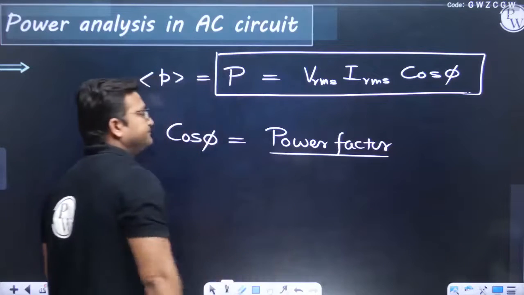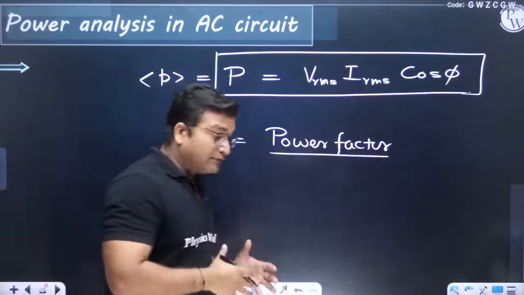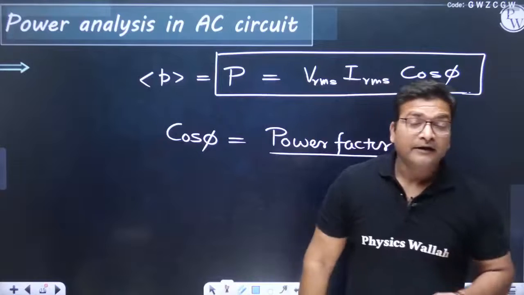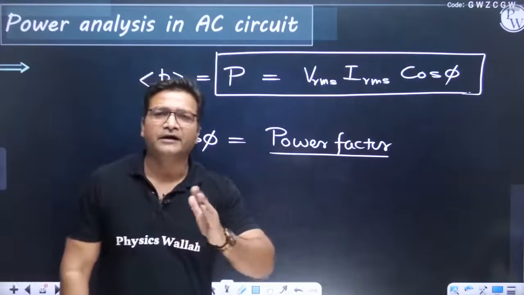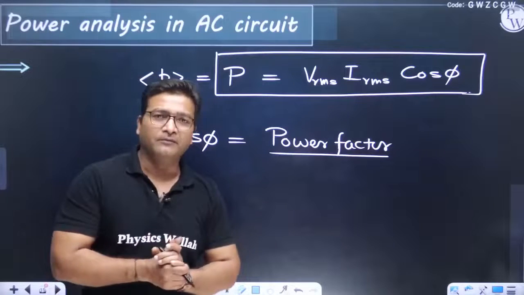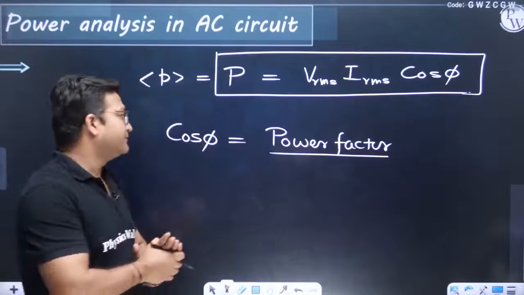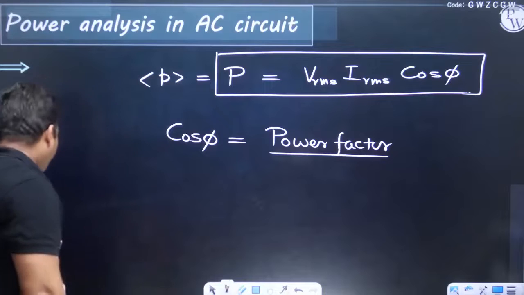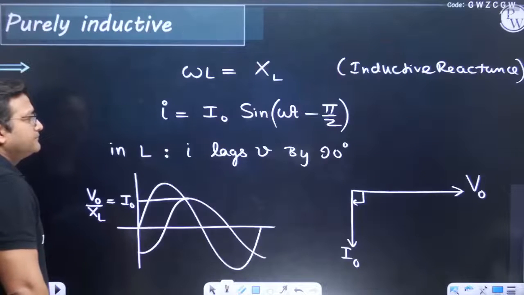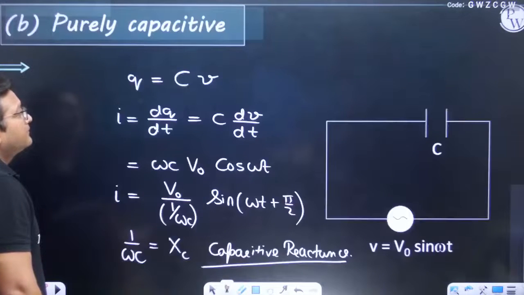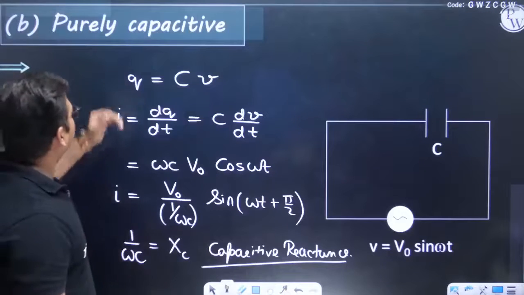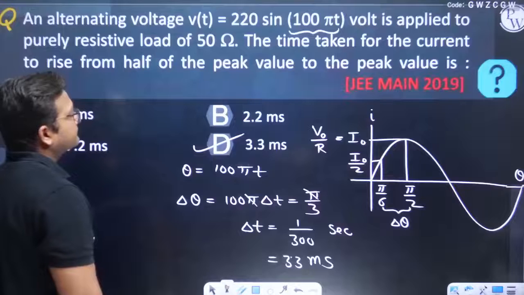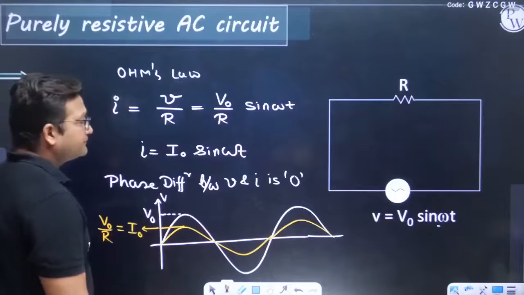If you want to calculate power, the calculation of power factor is very important, and remember, it is equal to cos of the angle between current and voltage waveform, or current and voltage phasor. Okay, so if we just go back a little and start from a purely resistive circuit and look at the power here.